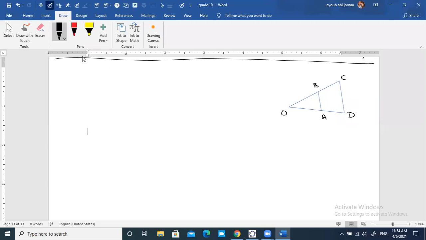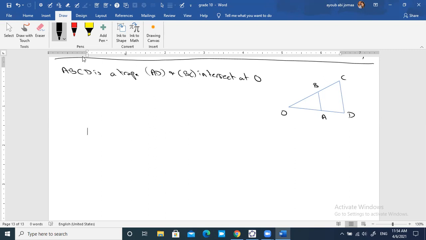Here we have ABCD, a trapezoid, and the non-parallel lines AD and BC intersect at O.